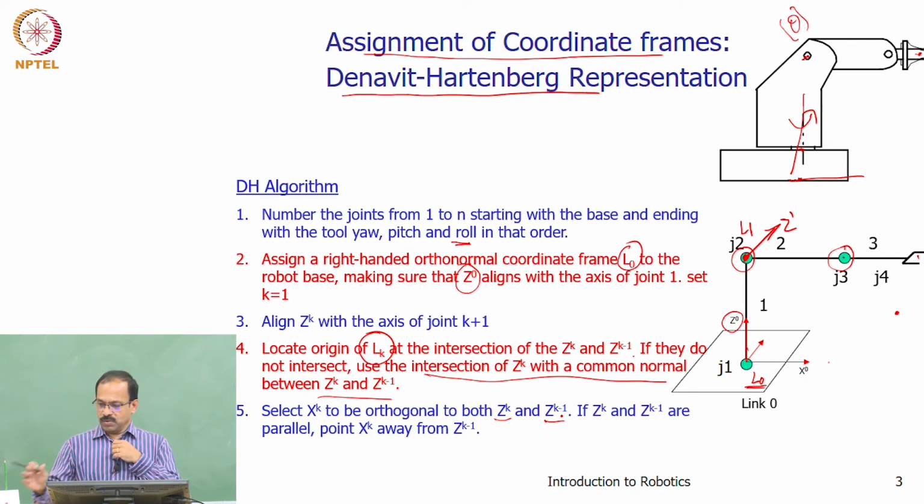So now this is one direction, the other one is in this direction. So it has to be in this direction only. Okay, xk should be along this direction because it should be orthogonal. So your z0 is this direction and z1 is in this direction. So xk should be in this direction.